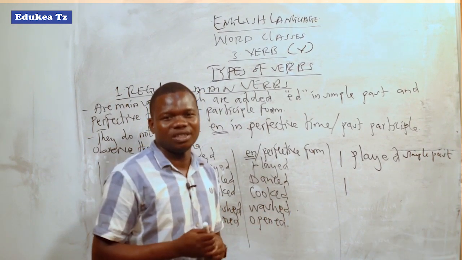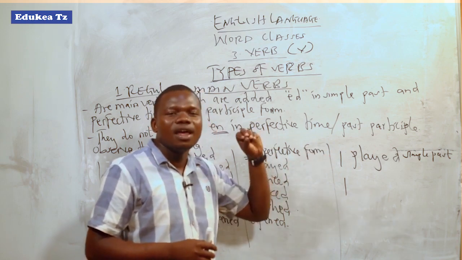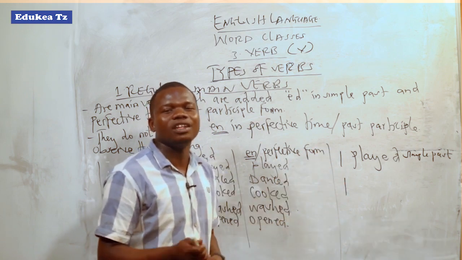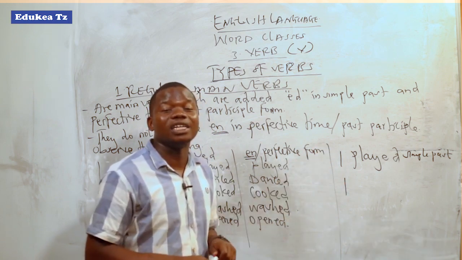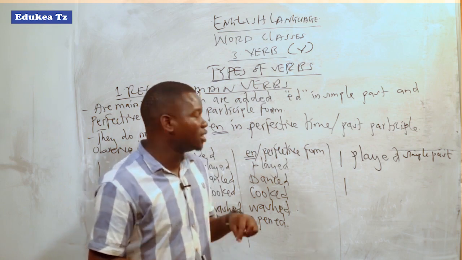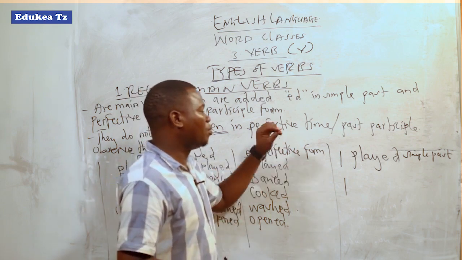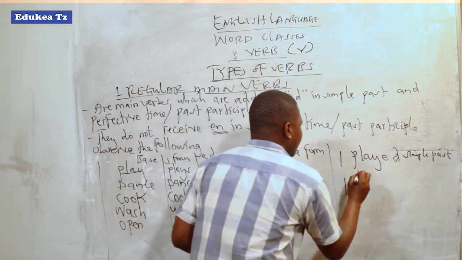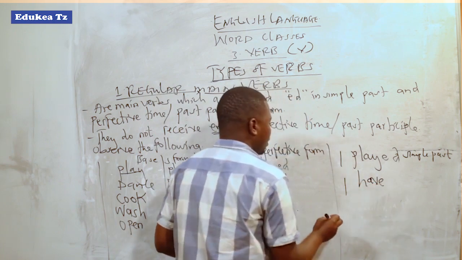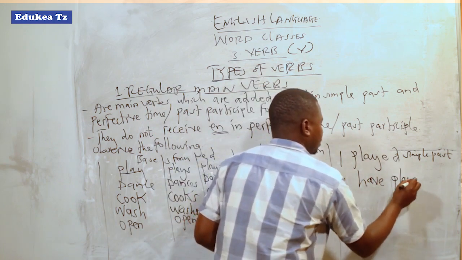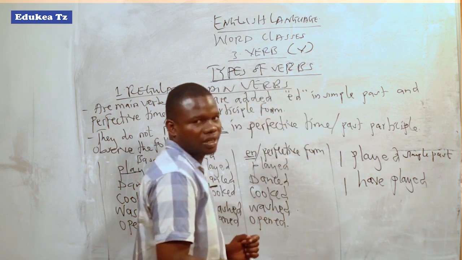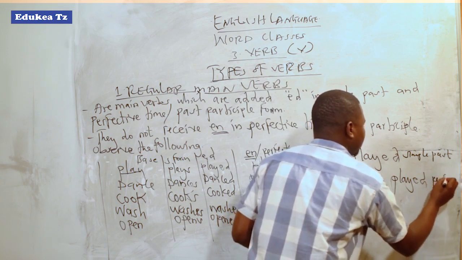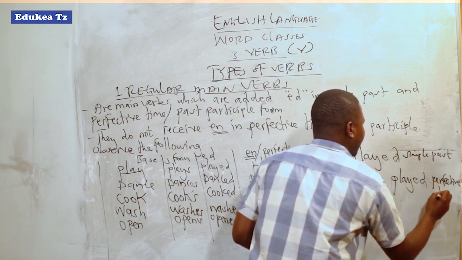Now, what is the difference between a simple past and perfective time or past participle time? The difference will occur in the auxiliary verb, since this perfective time or present perfect is made by the auxiliary have. So then here we shall have I have played. So this is the difference between a simple past and perfective time.